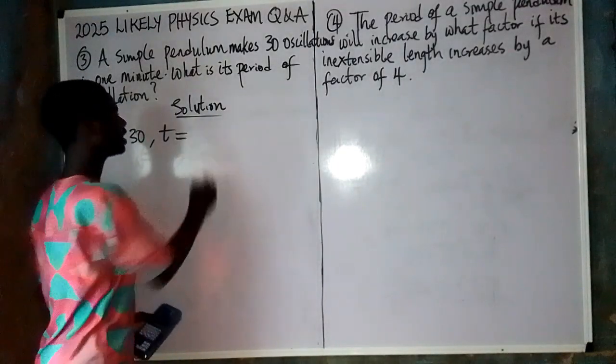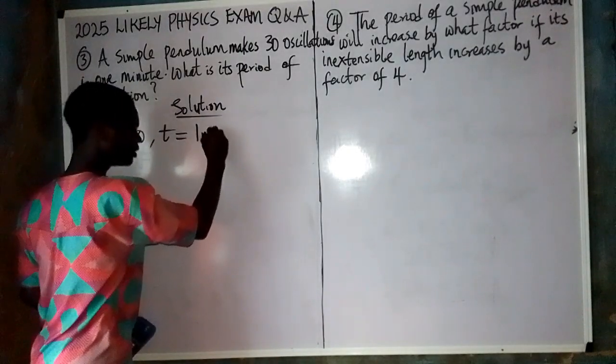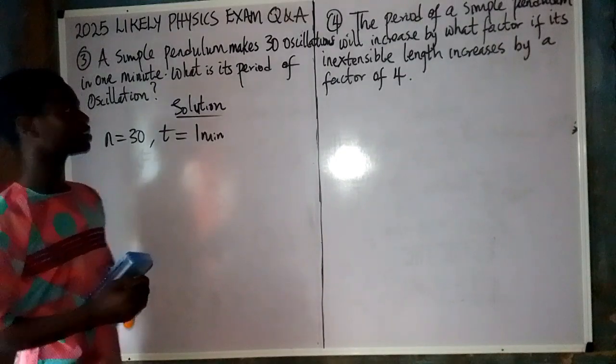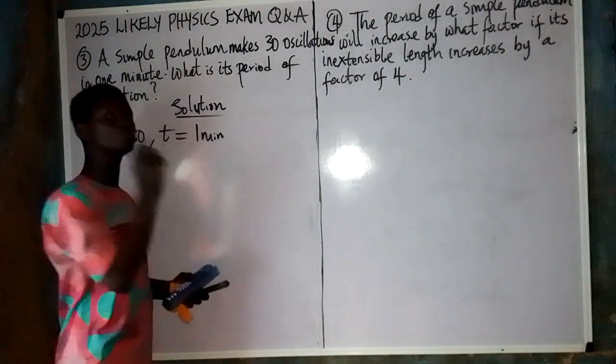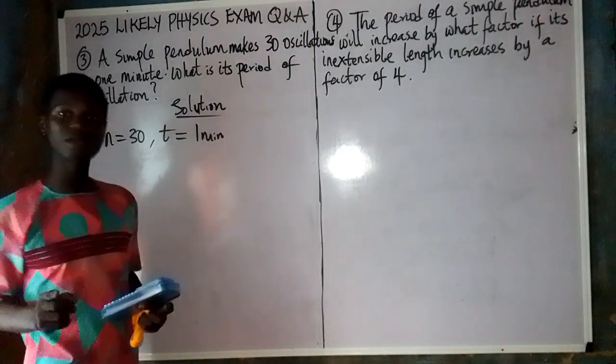Now, what is the value? They said 1 minute. In physics, especially when you are solving questions, the unit you use for time is second, not minutes, not hour, nor day.